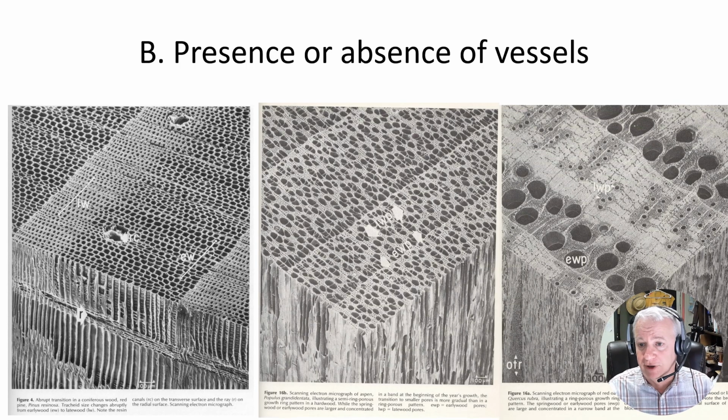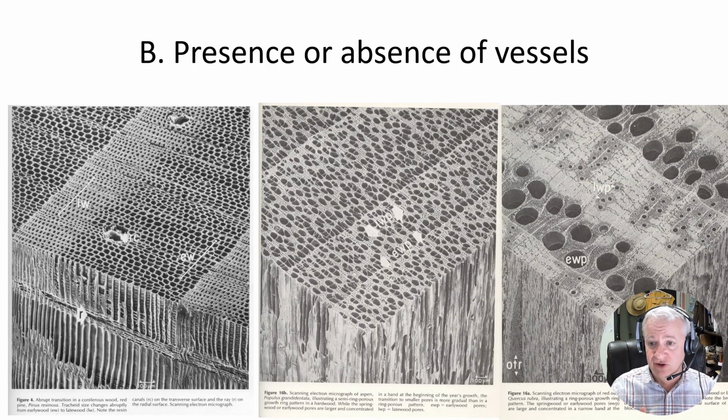So for our purposes, the next step is to determine whether that wood has vessels or not. Now, you determine that by taking your piece of wood, determining where the cross section would be, and creating a nice clean face on that cross section, either using a sharp pocket knife or a single-edged razor blade.